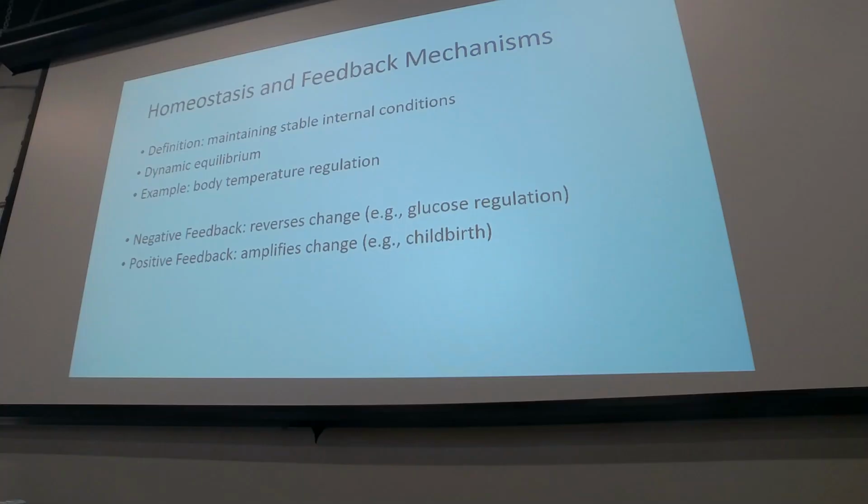Most of the functions in our body are controlled through negative feedback rather than positive feedback. Negative feedback reverses the initial change, like glucose regulation, and positive feedback amplifies the change, like childbirth.